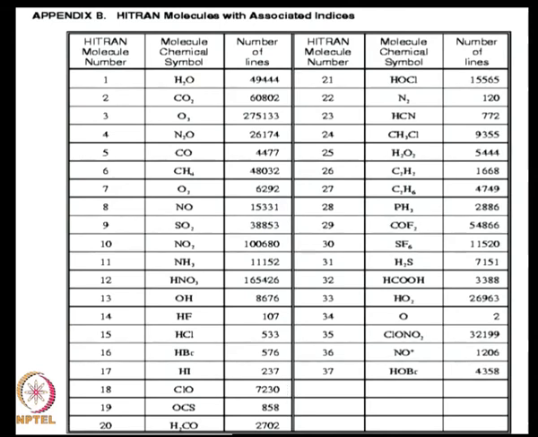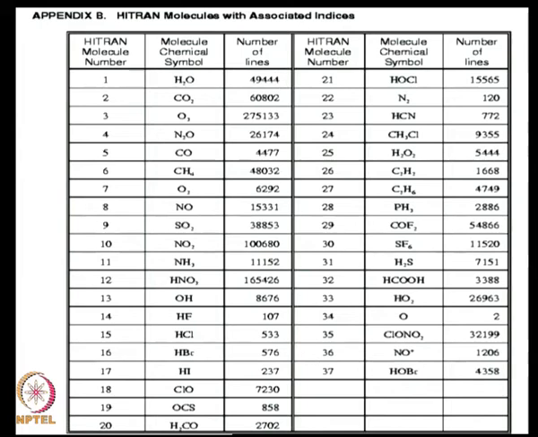And here is another tabulation of the various important molecules relevant to engineering and atmospheric science, and this has been put in front of you to highlight the problems we all face. For example, water vapor according to this HITRAN code has 50,000 lines.